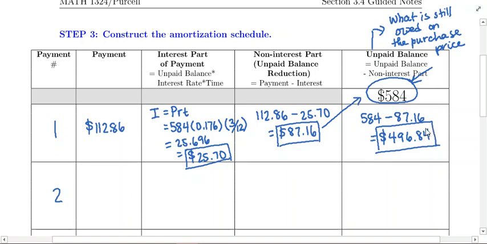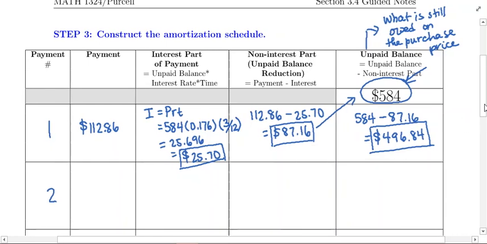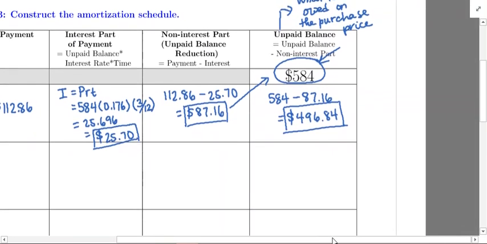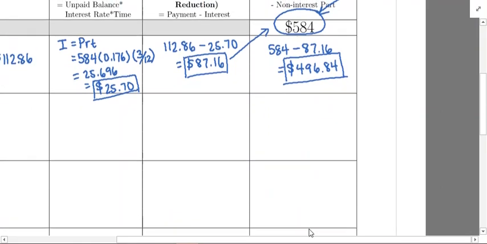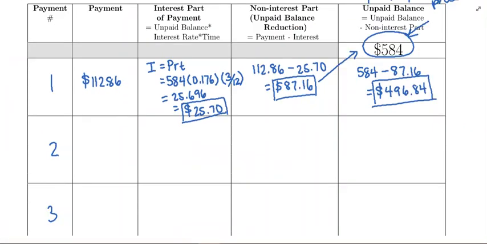So what's going to happen? Well, you're not going to make another payment for another quarter, or another 3 months. So the amount that you still owe on the purchase price is going to earn interest. Then it will come time to make that second payment.